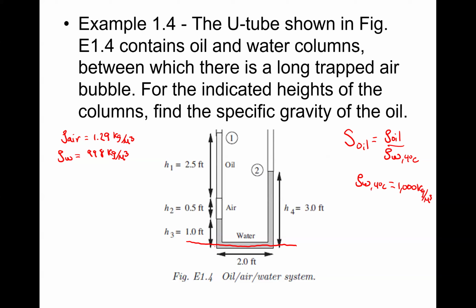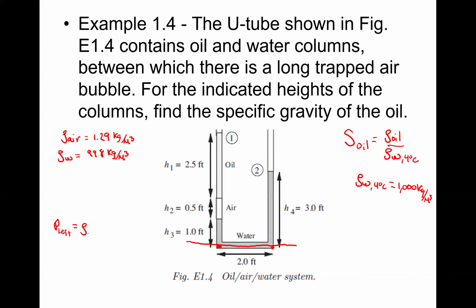If, say, the left side has more pressure than the right side, then the fluid will move to the right side until it equilibrates and it's not moving anymore. So then we're going to assume that at the bottom of these two, we're going to have the same pressure. And the pressure on one side, on the left side, I'm going to call it P left so that we are clear.